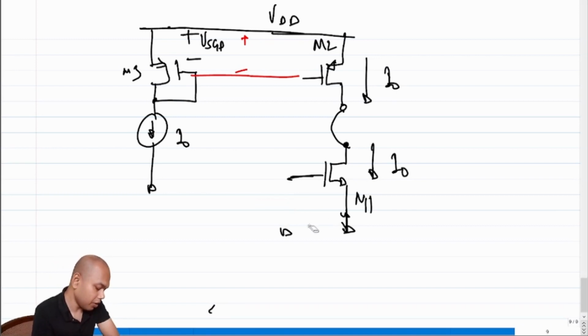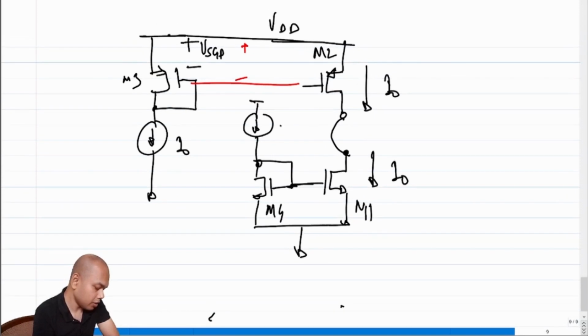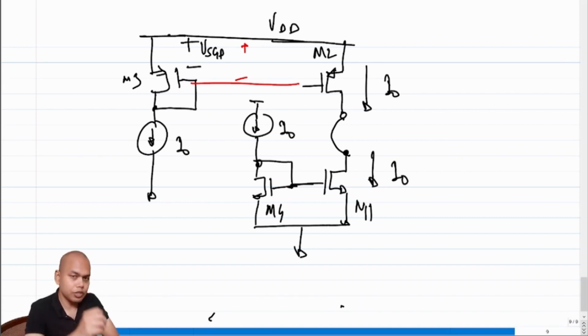So what is the other way of biasing this? We can take another current source and generate the voltage that is required to bias M1. The current mirror bias, you remember, right? Let me call this M4, and this current source becomes I naught. So the current mirror biasing between M1 and M4 is ensuring a current of I naught, and the current mirror biasing between M2 and M3 is also ensuring a current of I naught.